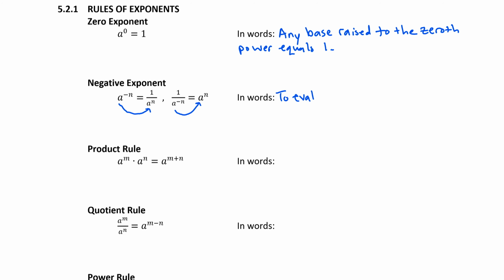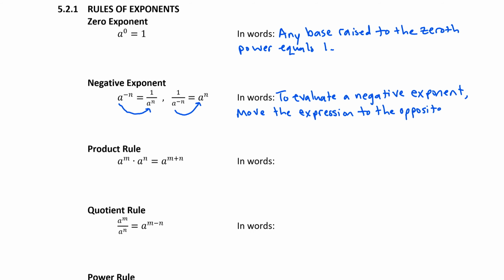To evaluate a negative exponent, we're going to make two changes. Move the expression to the opposite place in the fraction and change the sign of the exponent.